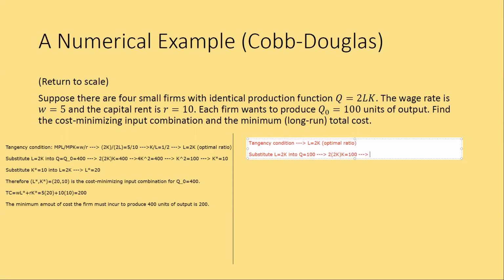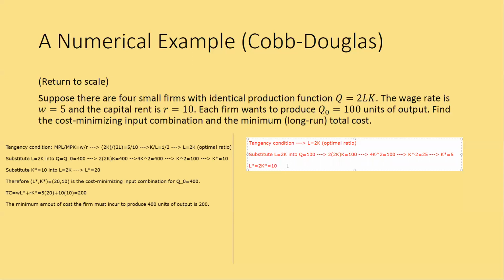That is 4K squared equals 100, or K squared equals 25, or K star equals 5. So similarly, we can find L star, which will be 2 times K star, and will equal 10.